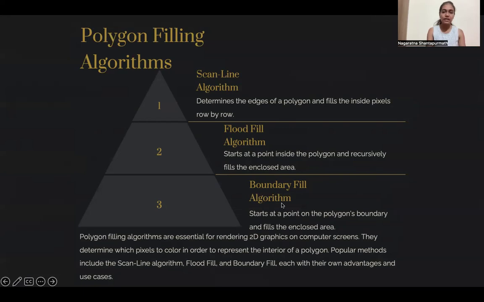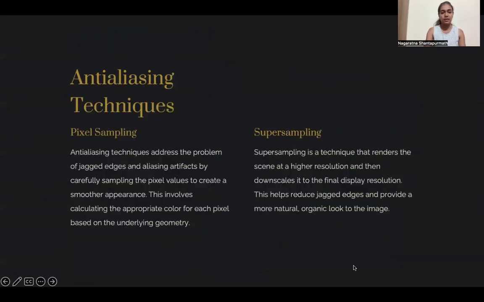The boundary fill algorithm starts at a point on the polygon boundary and fills the enclosed area. The polygon filling algorithms are essential for rendering 2D graphics on computer screens, and they determine which pixels to color in order to represent the interior of the polygon. Popular methods include the scan line algorithm, flood fill algorithm, and boundary fill algorithm, each with their own advantages.